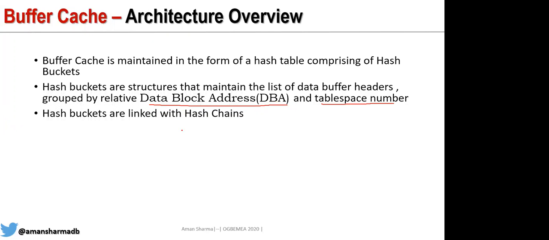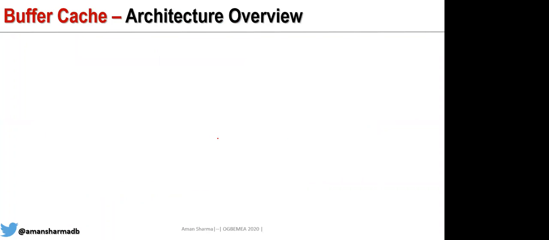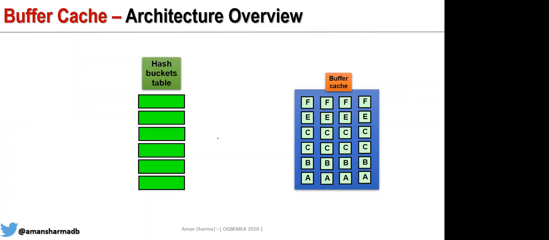Now, these hash buckets are basically like containers. Let me quickly show you that. This is how the buffers are laid out. We have the buffer cache and the hash bucket table, and these are the buckets.